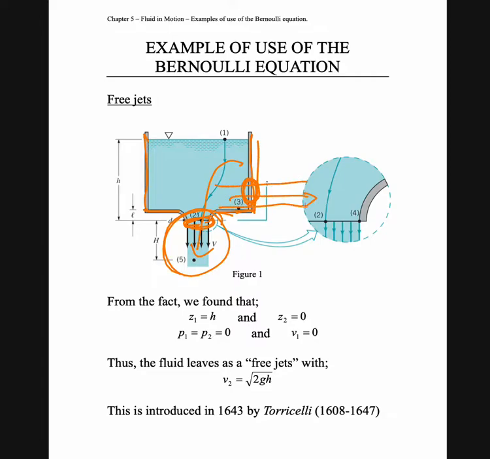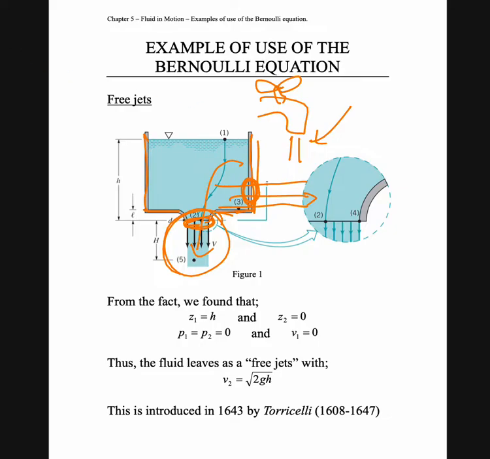Also, a free jet is if you open a pipe, so let's say you have a pipe here and water comes out, this is also called a free jet. It means that water moves at a certain velocity in atmospheric pressure. Normally we are calculating gauge pressure, so the atmospheric pressure is equal to 0.